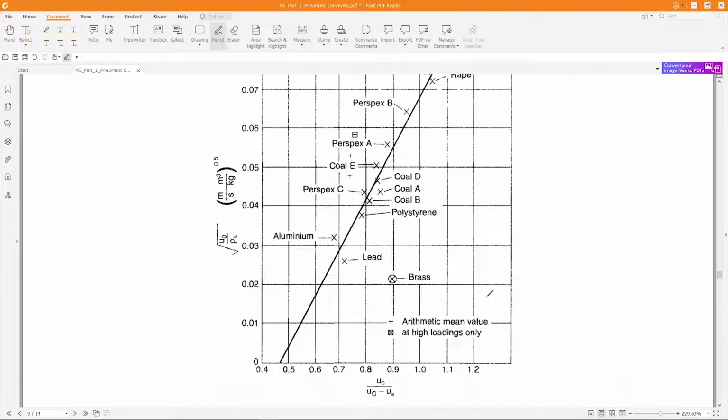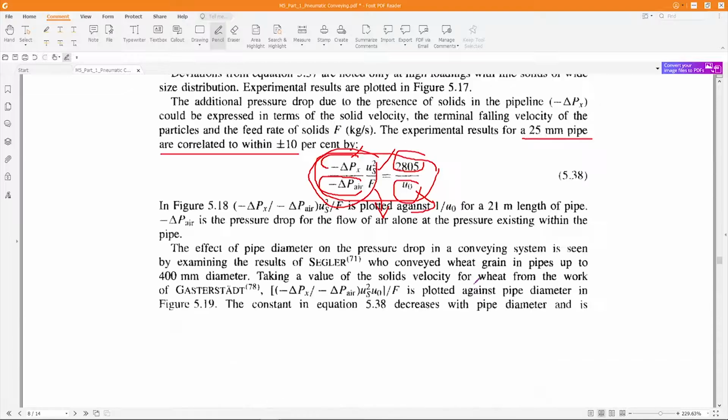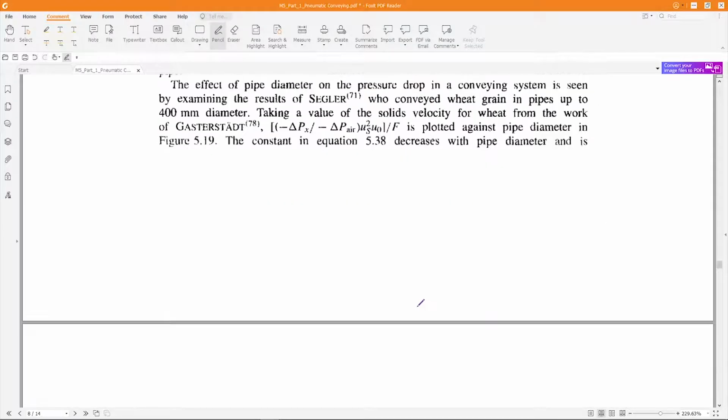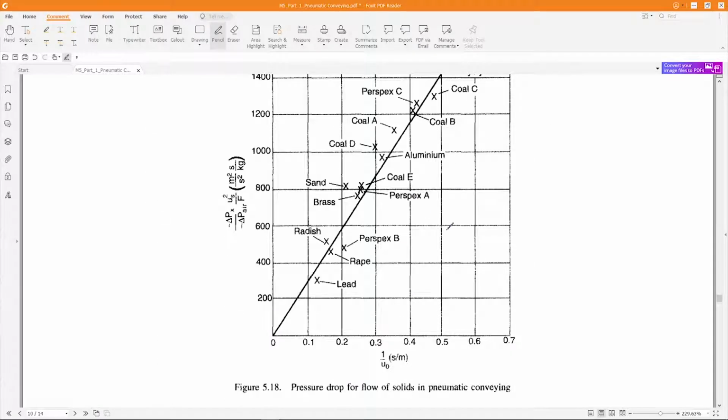So you can see this plot. This is given in 51.19. So the plot is here. If you plot this versus this, you will get a straight line. So you can predict the pressure drops for solids.